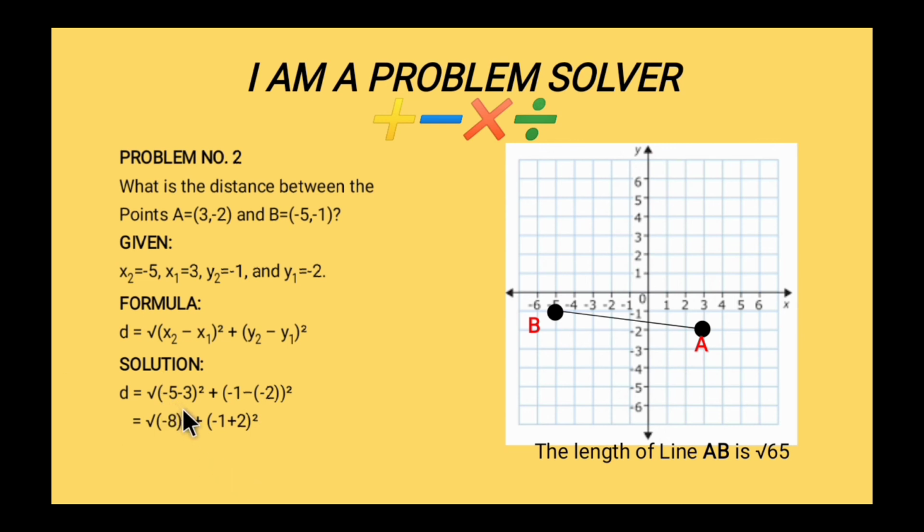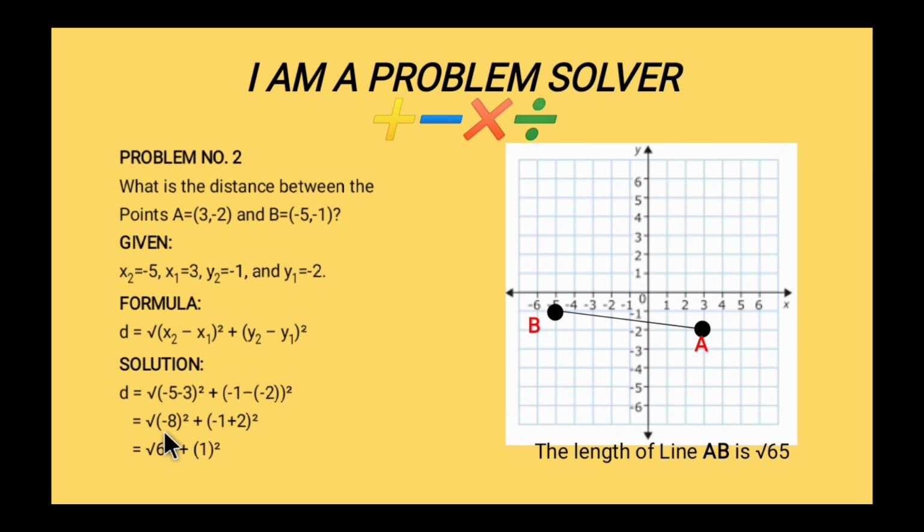So, inadd lang natin, no? So, add its opposite, so it becomes negative 8. Or, if the same sign dito that you're going to add. So, negative 5 plus negative 3 is equal to negative 8. So, copy the square. Next, negative 1 minus negative 2. So, we have negative 1 plus 2. So, add its opposite nga, diba?